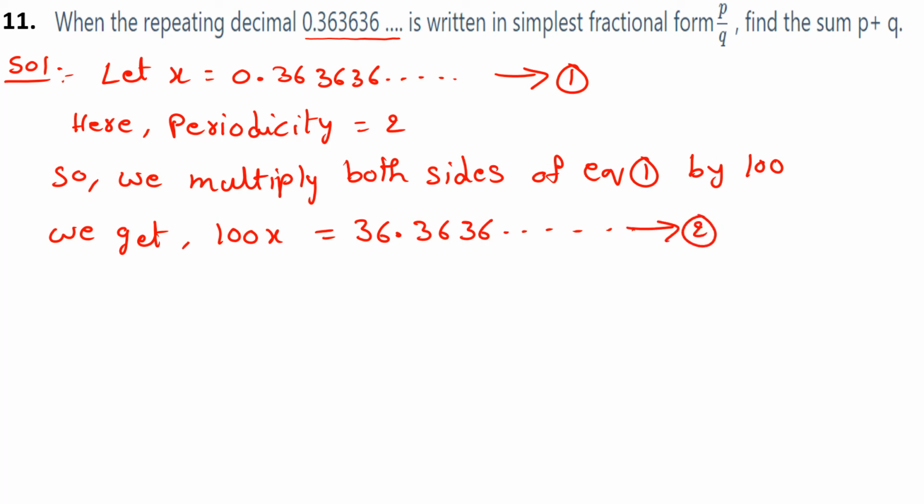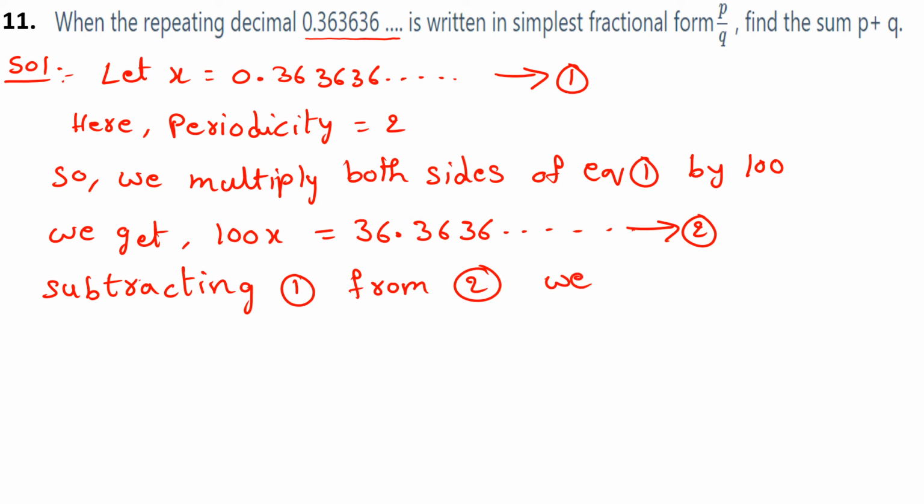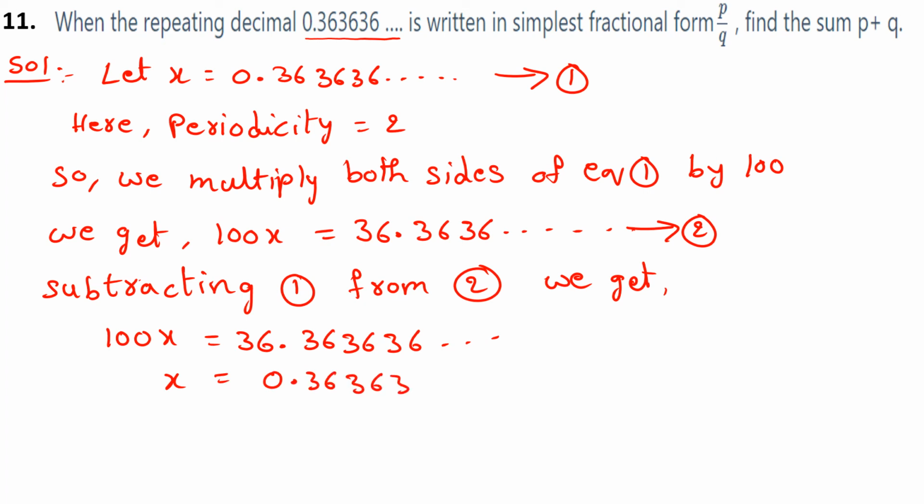So now subtract the first and second equation. Subtracting equation 1 from equation 2, we get 100x equals 36.363636 and so on, minus x equals 0.363636 and so on.